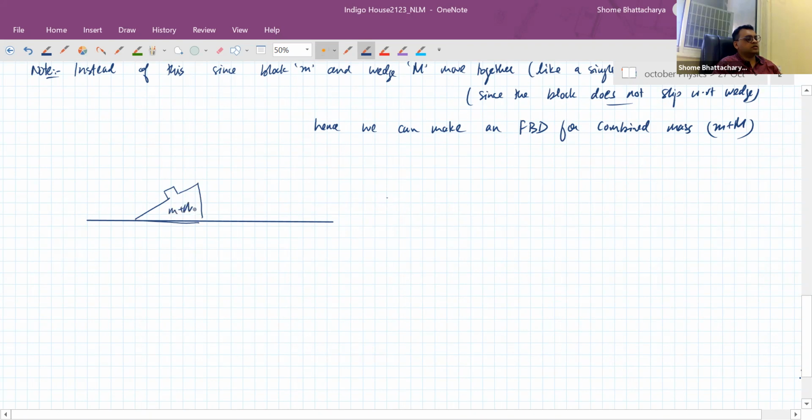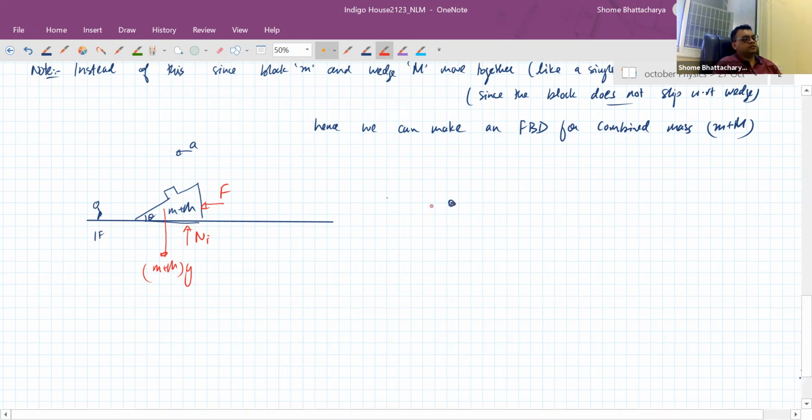So on this, there are only these external forces acting. And this whole system in the ground frame is moving with that acceleration A. So you don't need to do anything else.